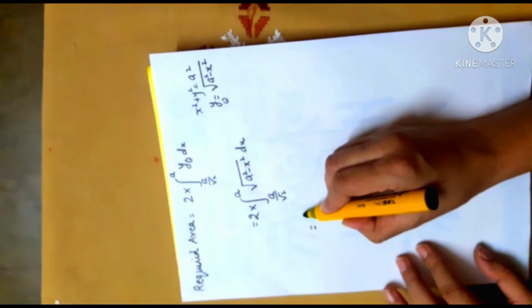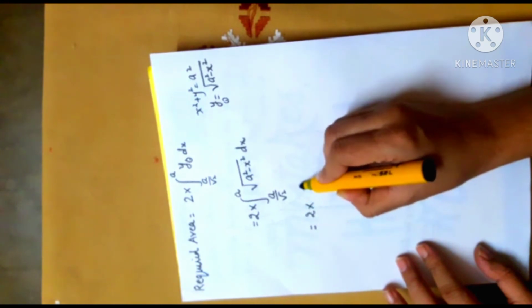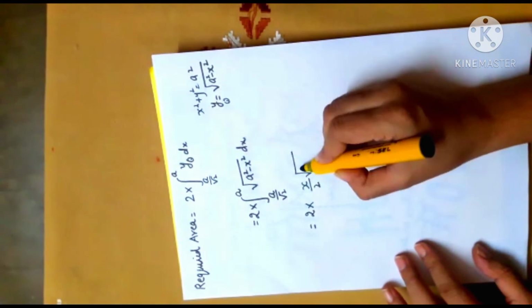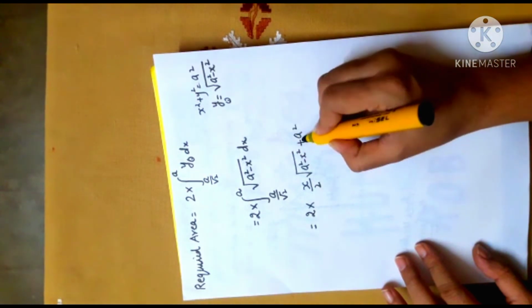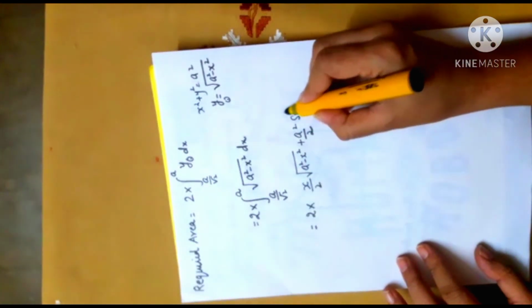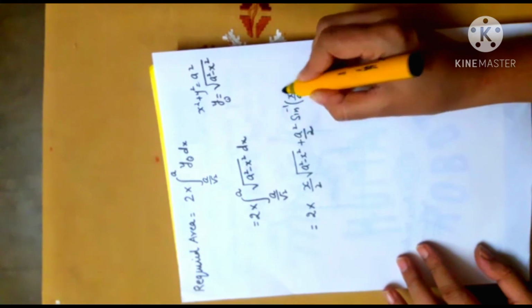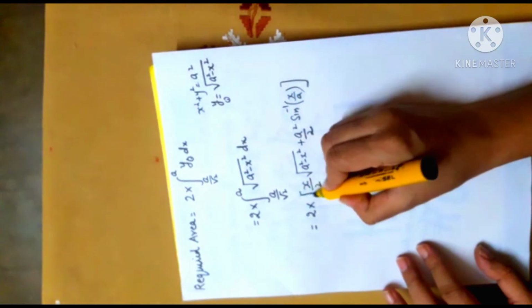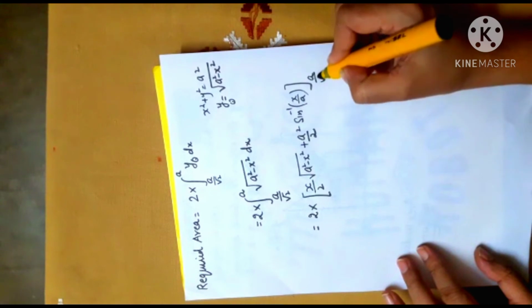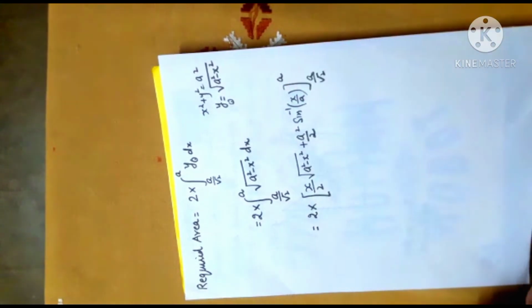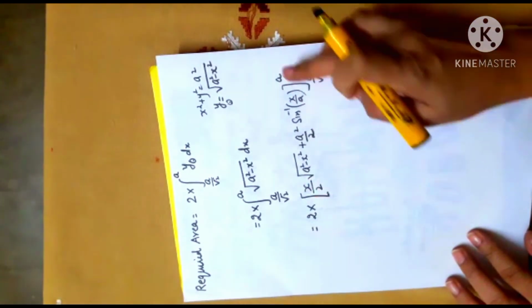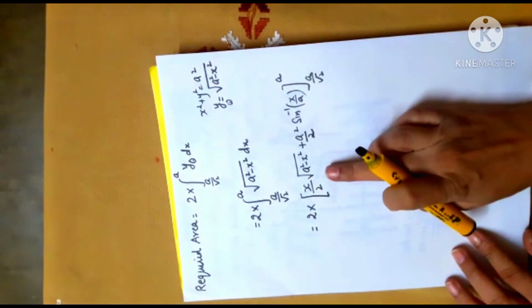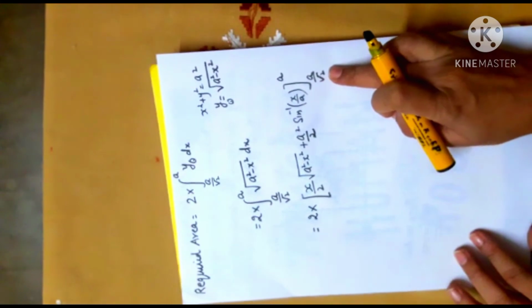Now this integral is x by 2 into root a square minus x square plus a square over 2 sine inverse x by a, within the limits a over root 2 to a. Now this will be equal to the value of this at the upper limit minus the value of this at the lower limit.